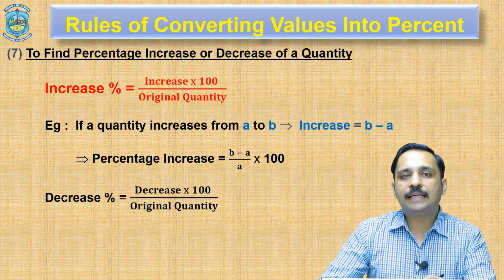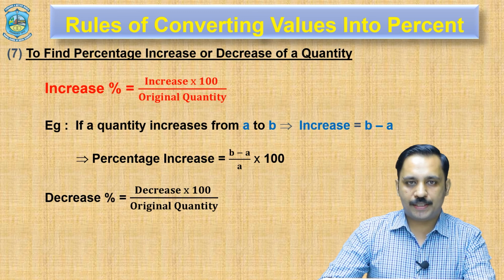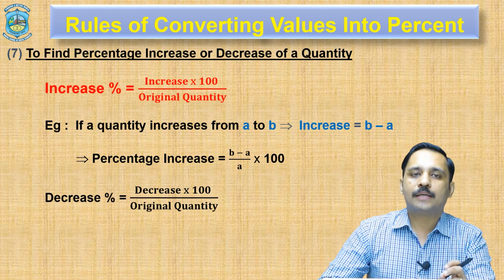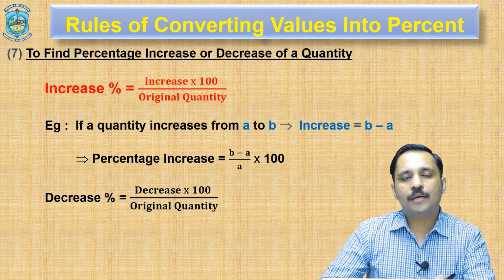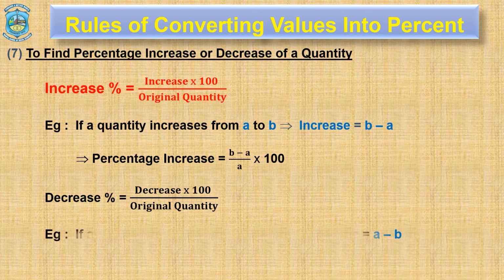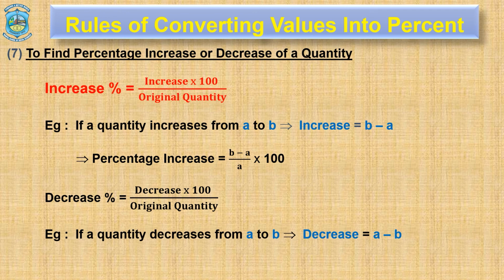Similarly, if there is a decrease, the decrease percentage is equal to amount of decrease divided by original quantity multiplied by 100. For example, if the quantity decreases from A to B, then the amount of decrease is equal to A minus B, and hence the percentage decrease is equal to A minus B upon A multiplied by 100.